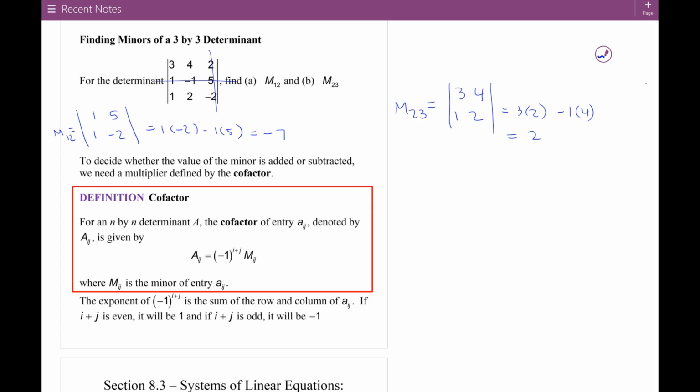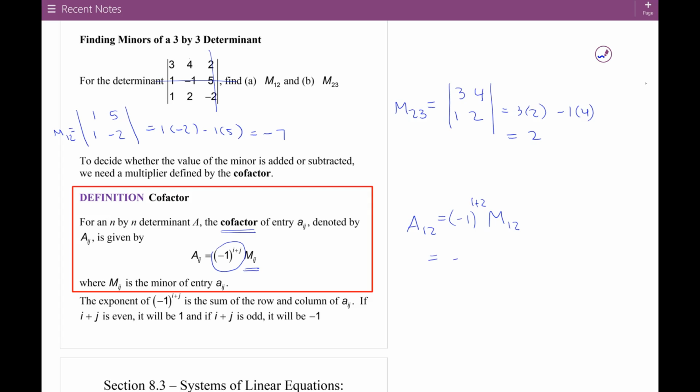Then some of the minors get added and some get subtracted. And it depends on whether the row plus the column number is odd or even. So there's another number called the cofactor, which is the minor with its associated sign, whether that's positive or negative. So A12 is the minor 1, 2 times negative 1 to the 1 plus 2.